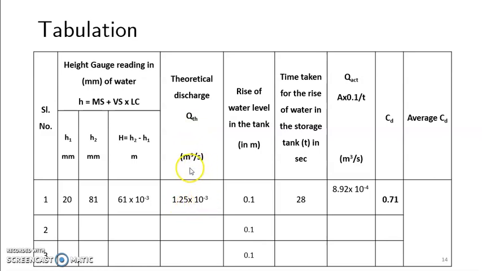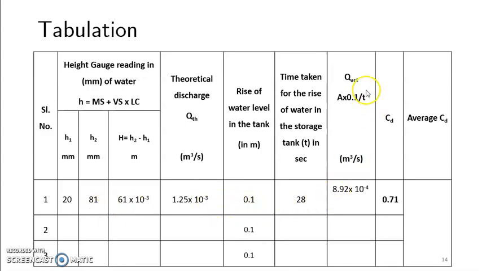Next, for the rise of water level in the collecting tank, we took 10 centimeter, which means if I convert to meters it will be 0.1 meter. After that we need to calculate the time taken for the rise of water in the storage tank, that is, the time required to rise 0.1 meter height, which is 28 seconds for this discharge.